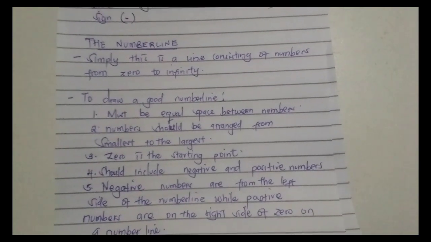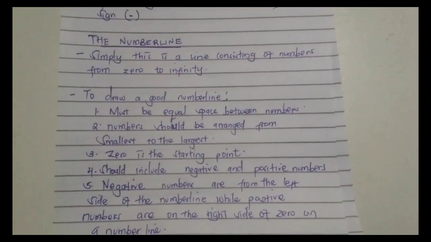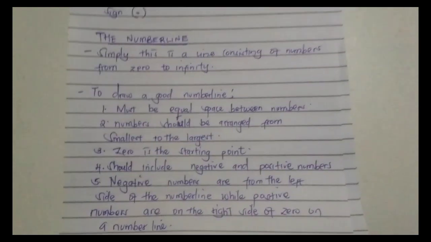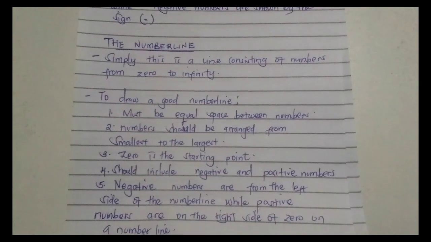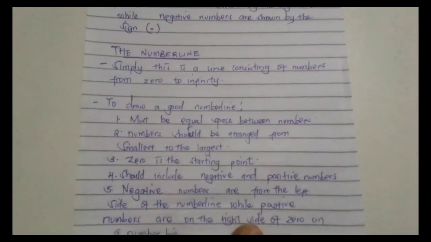So in the number line that I've drawn, just take your time, read it keenly, plus whatever we've learned above, and get to know what exactly we were talking about.